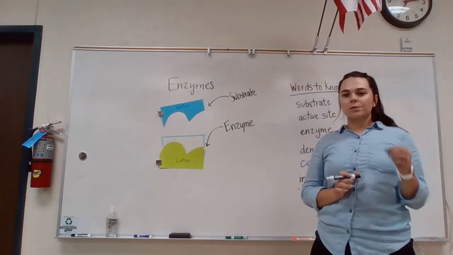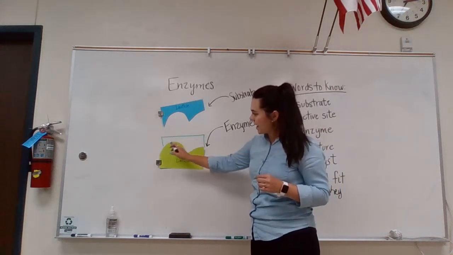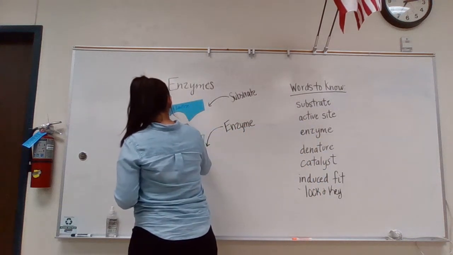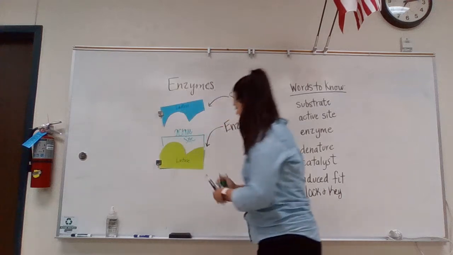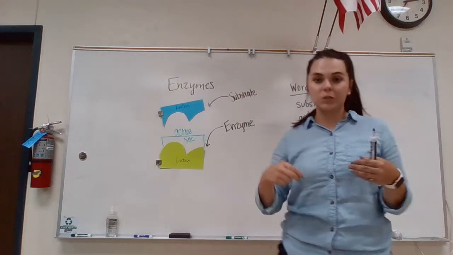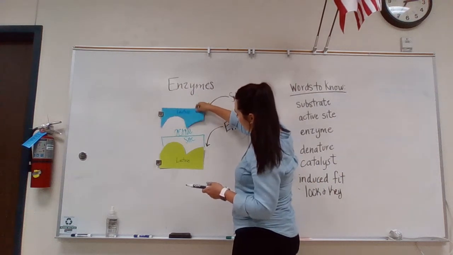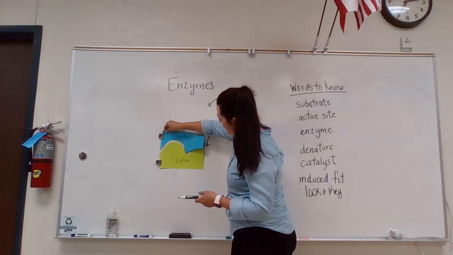And that lactose molecule is going to have to fit right inside of our enzyme's active site, just like a key fits into a lock. So if we take our substrate, it should fit exactly into our active site, into our enzyme.